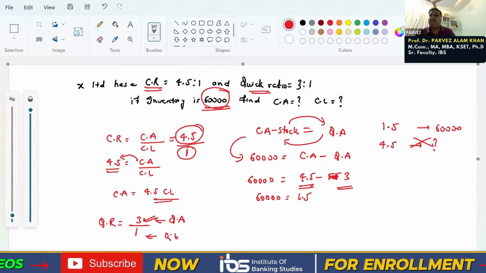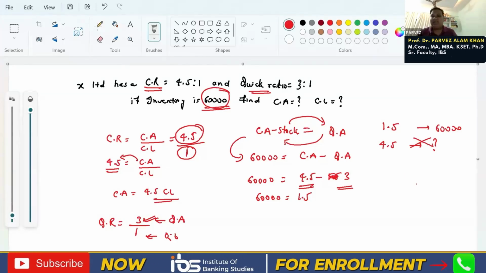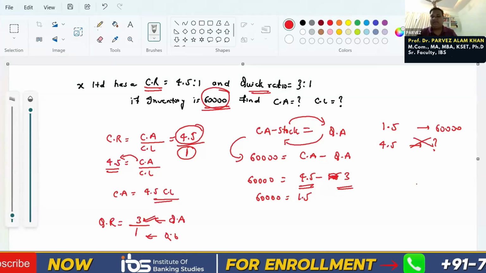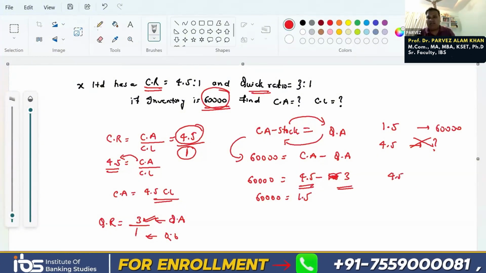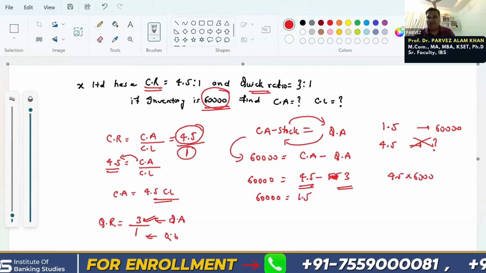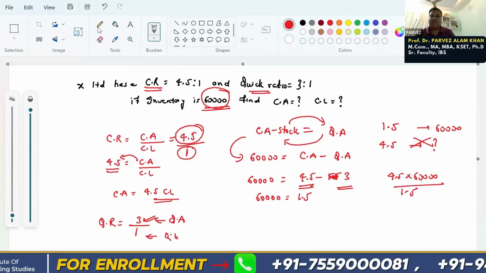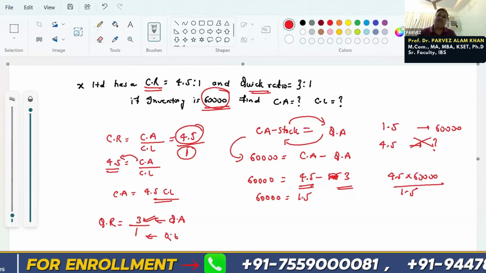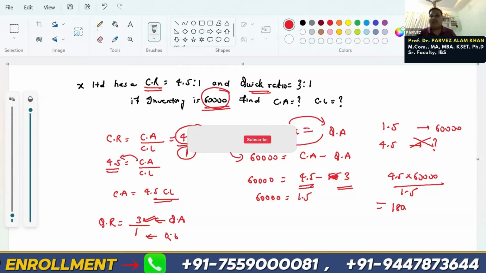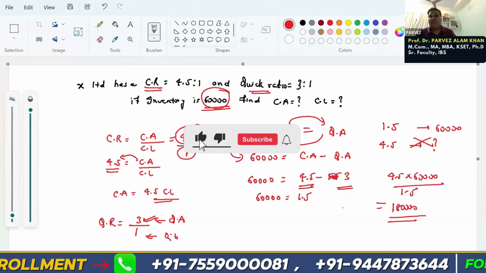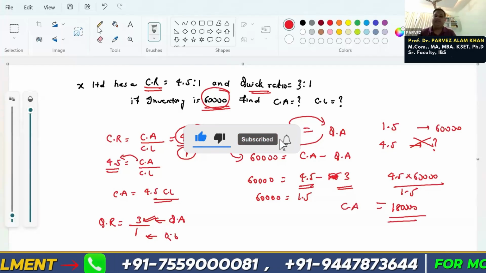What do we do? Cross multiply. You remember this? So how much will it come? 4.5 into 60,000 divided by 1.5. How much will it come? 1,80,000. So 4.5 was what? Current asset, right?